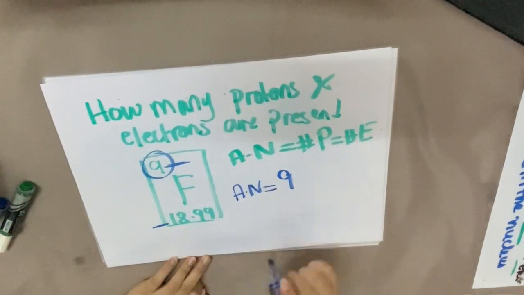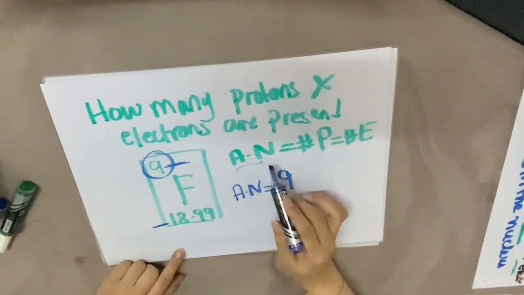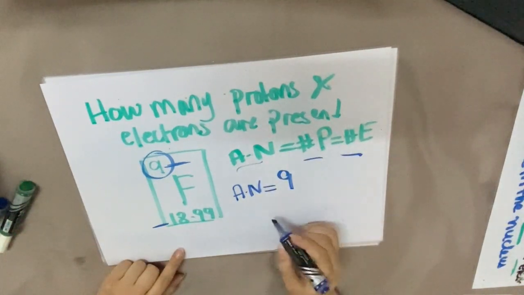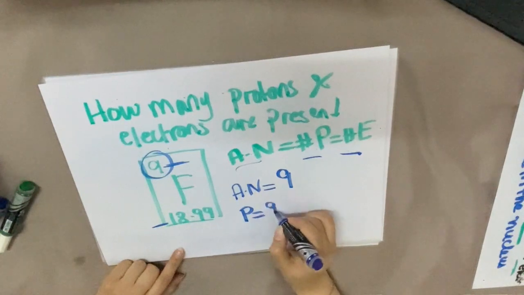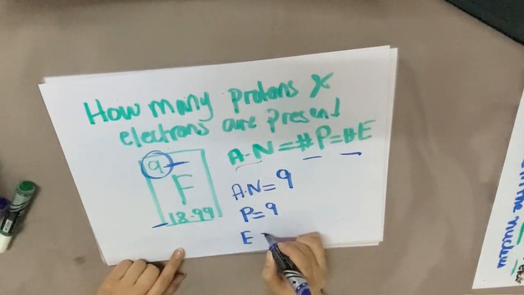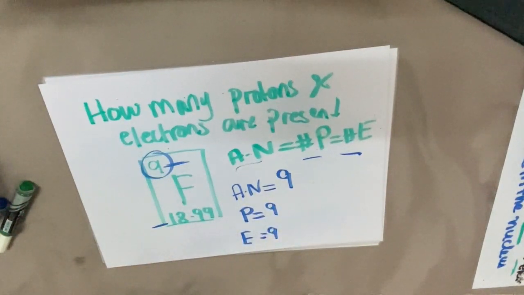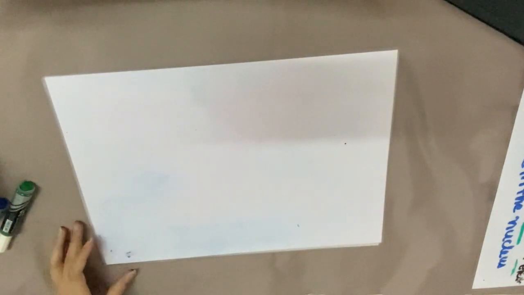So atomic number is 9. And since the atomic number is the number of protons and electrons, I have 9 protons and 9 electrons. So far, we discussed the atomic number and we found the number of protons and number of electrons.